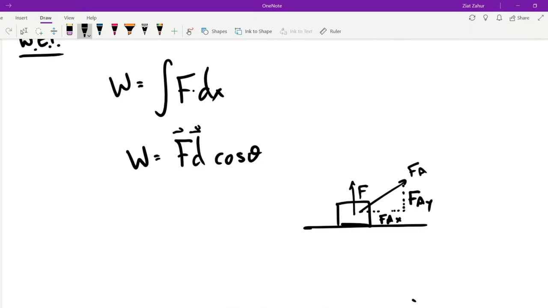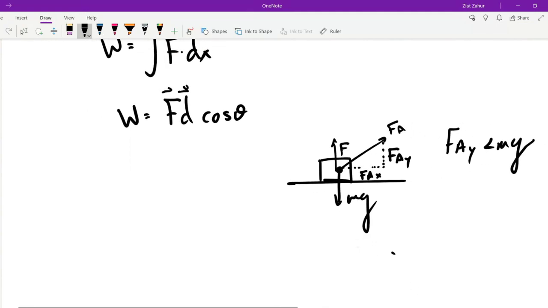And so if you're on the ground, and assuming that FAY is less than mg, the weight of the object, so you're not pulling it up into the sky, assuming all that, then the block is only moving to the right.